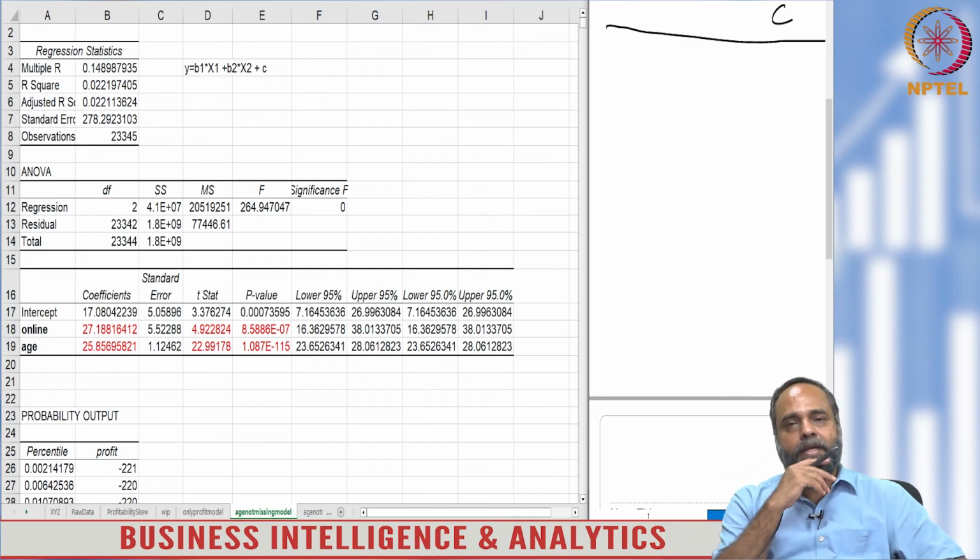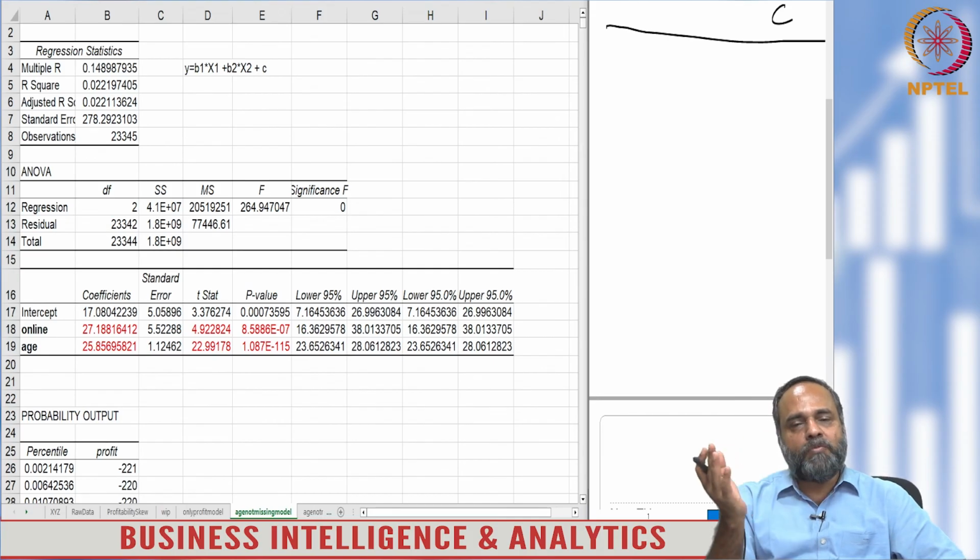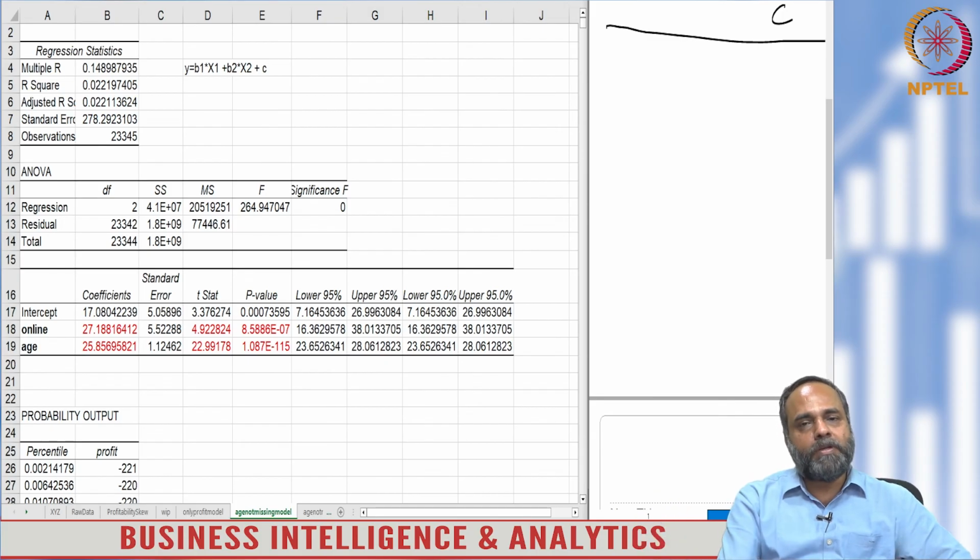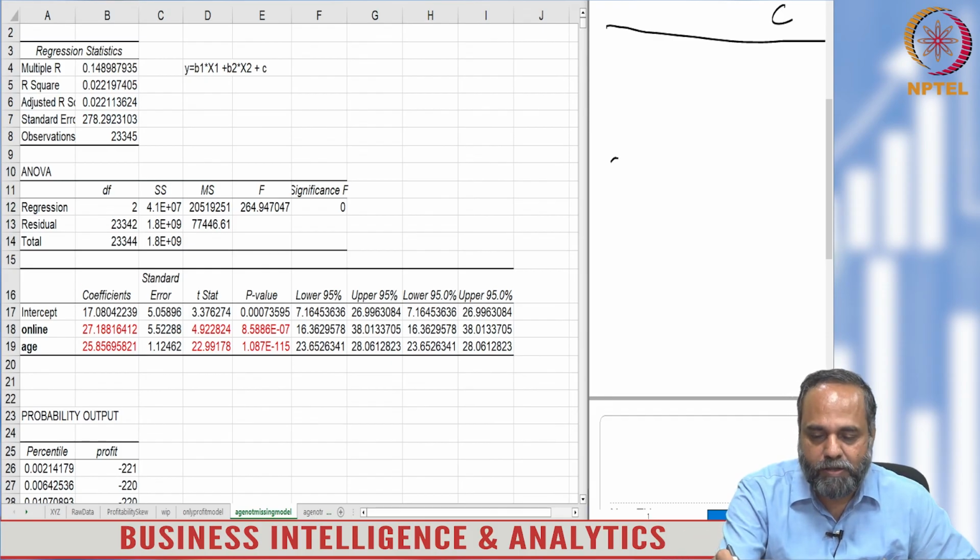Well, what is that idea? Can it be true that just by converting offline customers to online customers, they will simply become more profitable? Or what is the underlying assumption here? Okay. So, there is an issue here, that is the issue of causality.